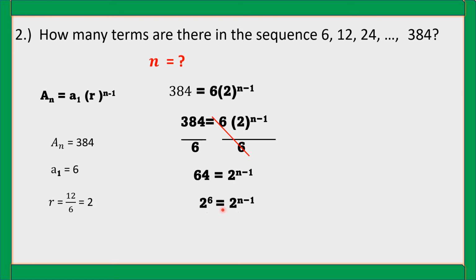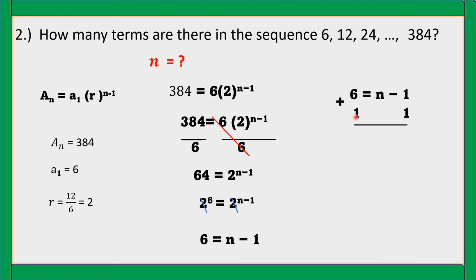And then, dahil pareho na yung ating base na 2, maaari na nating isolve yung value ni n. So, 6, yung ating exponent, is equal to n minus 1. So, dito pa lang, pwede na nating isipin kung anong number ang pag sinubtract natin sa 1, ang sagot ay 6. And that is 7. Okay? Pero, pag pinakita natin yung proper solution, we're going to use APE, or addition property of equality.